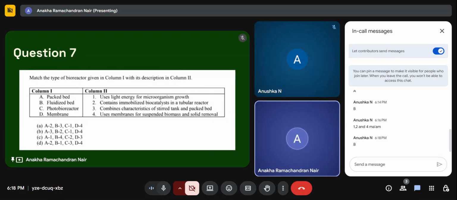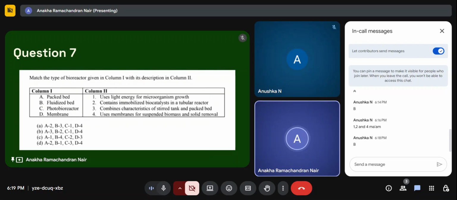So you have the type of bioreactor with its description, right? So column 1 has packed bed, a fluidized bed, photobioreactor, and membrane. And column 2 has uses light energy for microorganism growth, contains immobilized biocatalyst in a tubular reactor, combines characteristics of stir tank and packed bed. And option 4 is uses membrane for suspended biomass and solid removal.